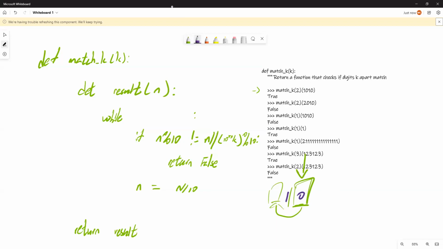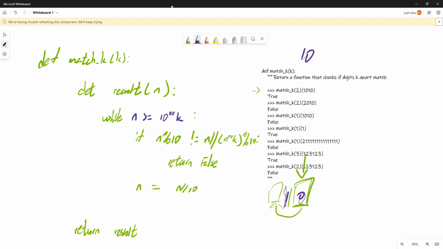We can use this condition: while n is greater than or equal to 10 to the power of k. Here it's just 10, and you are trying to divide by 100, 10 to the 2 power, 10 squared. So it must be less than 1, which gives out 0.